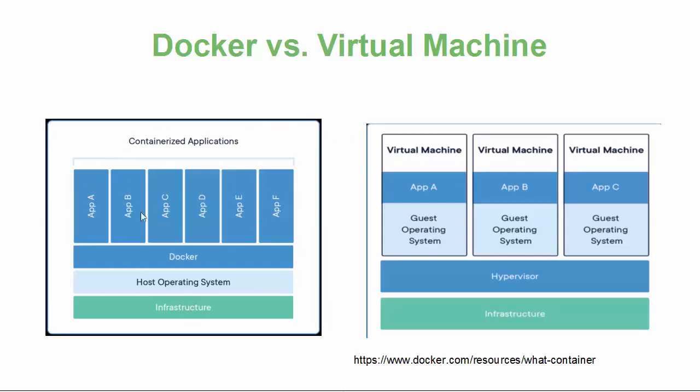On the other hand, in the container, and you can see this diagram on the left hand side, containers are an abstraction at the app layer that packages the code and dependencies together. So you have your server, then your host operating system, and on top of your host operating system you can run your Docker engine.